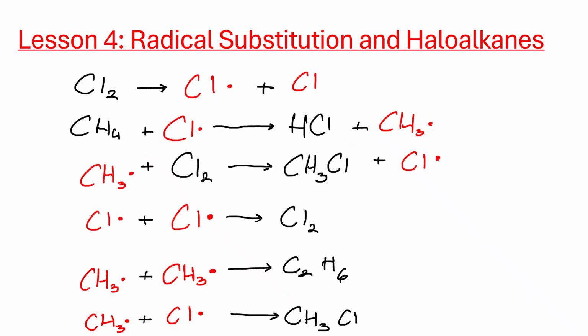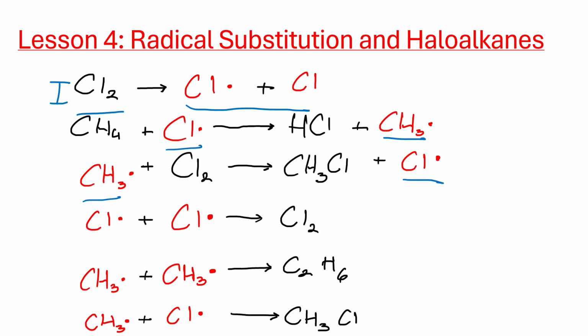Now there is a handy way to identify what type of step a reaction is, and you just got to look at the radicals. If it is an initiation step, there will be no radicals on the left side and 2 radicals on the right side, so that's an initiation step. If it's a propagation step, there will be 1 radical on the left and then 1 radical on the right.